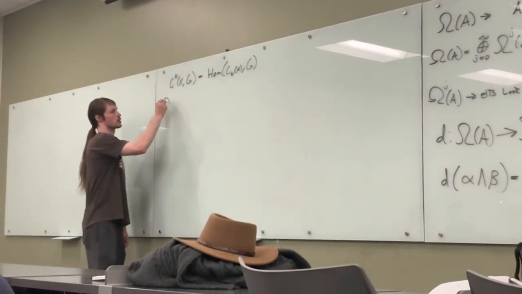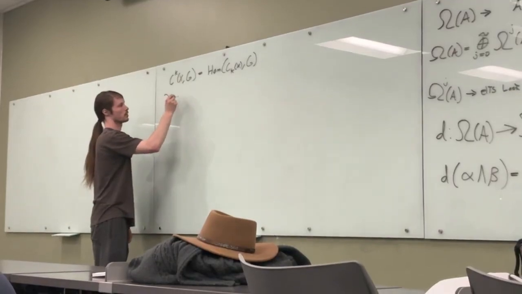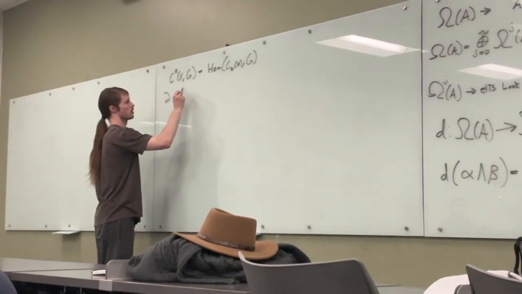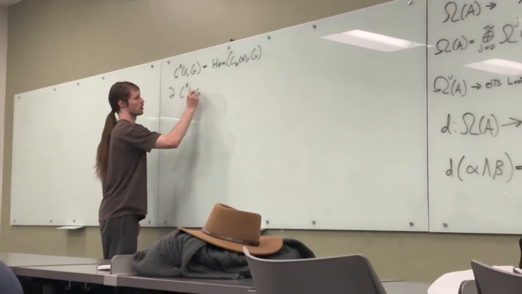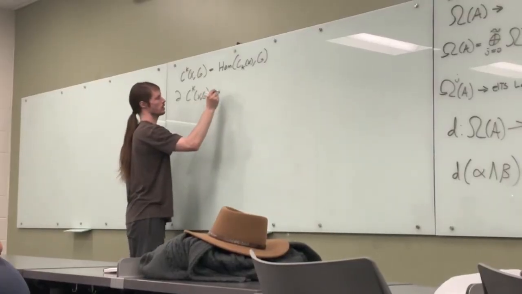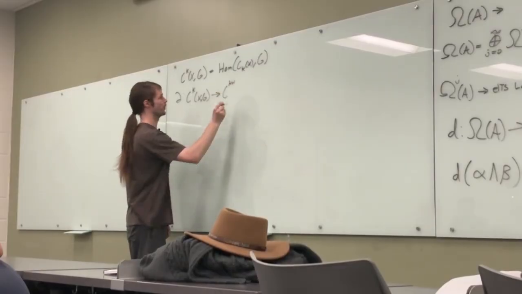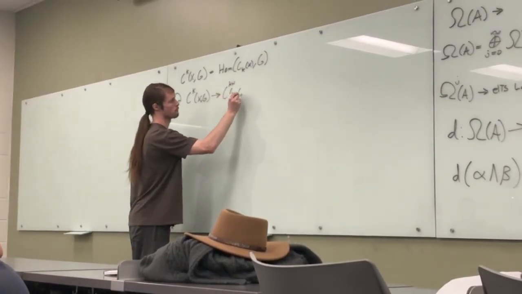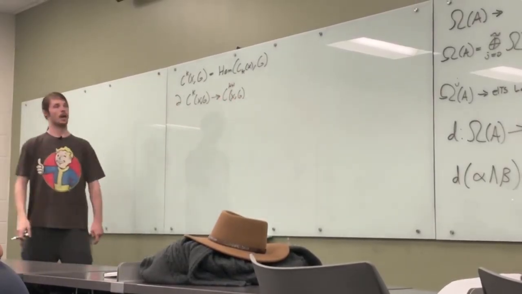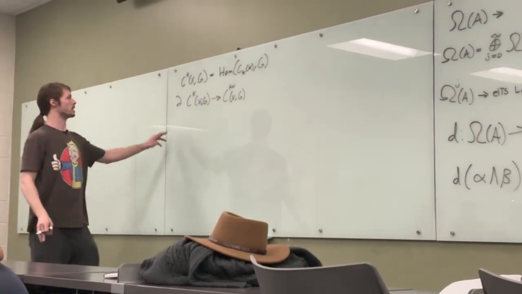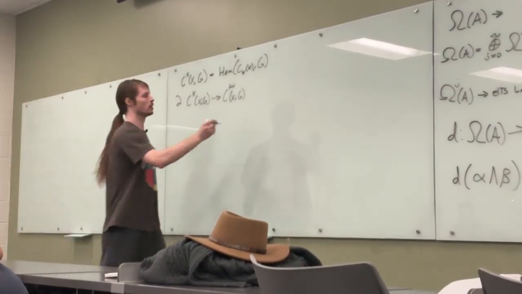Similarly, we can construct coboundary morphisms. Now they will increase degree instead of decrease it, just like in the de Rham case that we have over there. And the way that they're defined is by simply taking the dual of our boundary map.